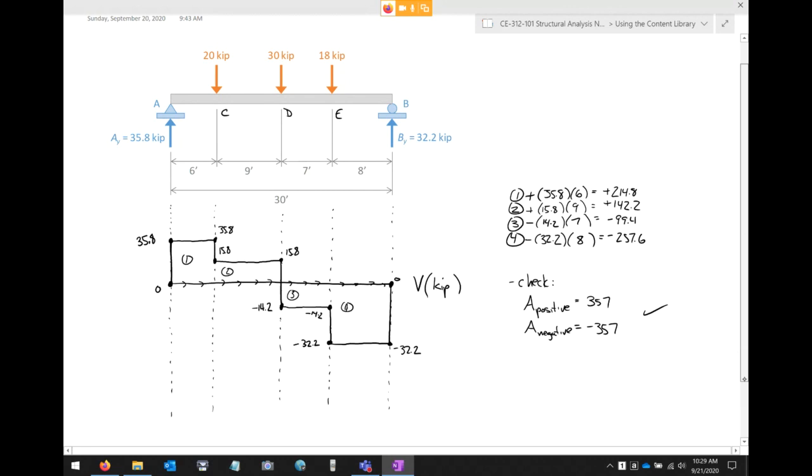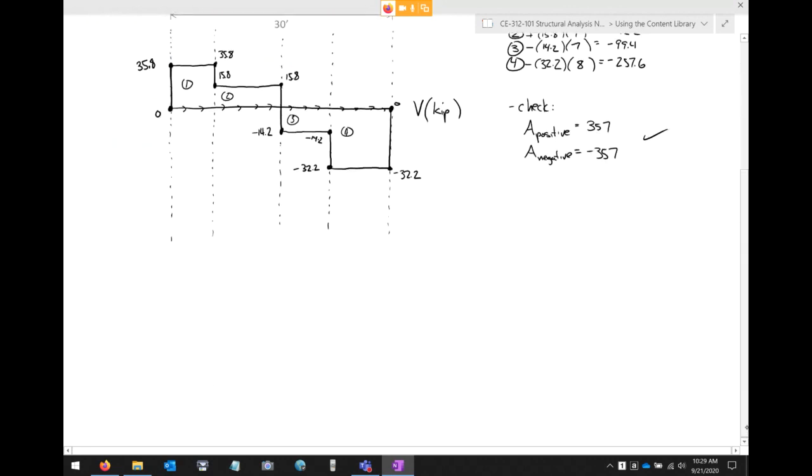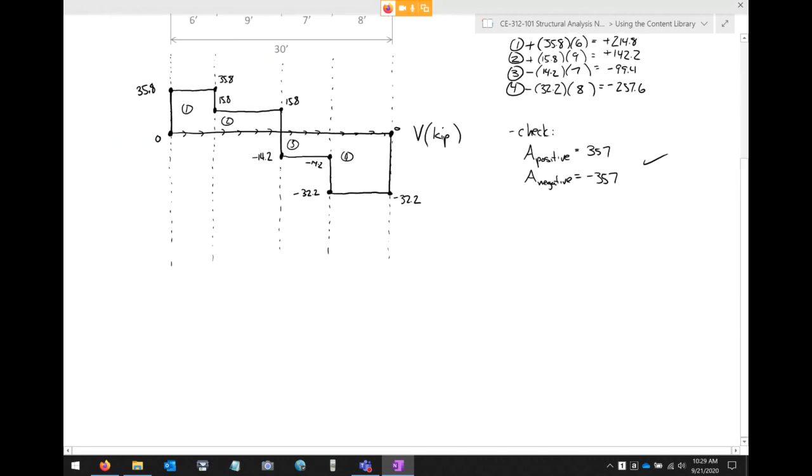Okay, all right. So let's skip down a bit. Let's give myself a little bit more room. And I'm going to take these dotted lines. I'm going to sort of draw them down a bit further. All right.